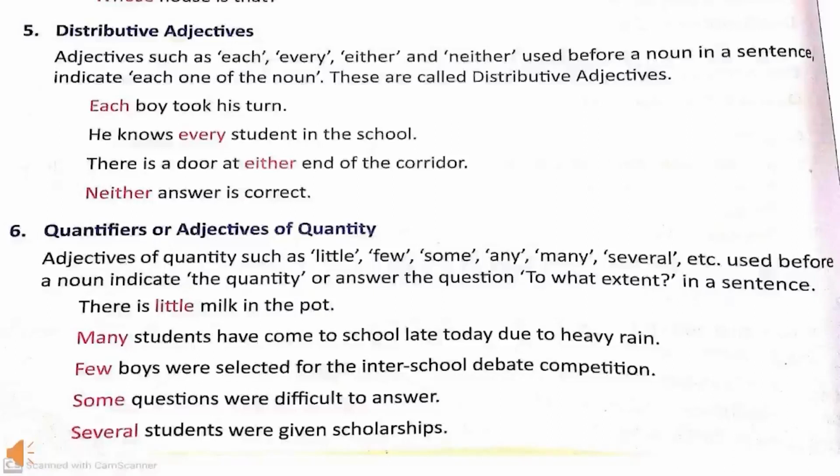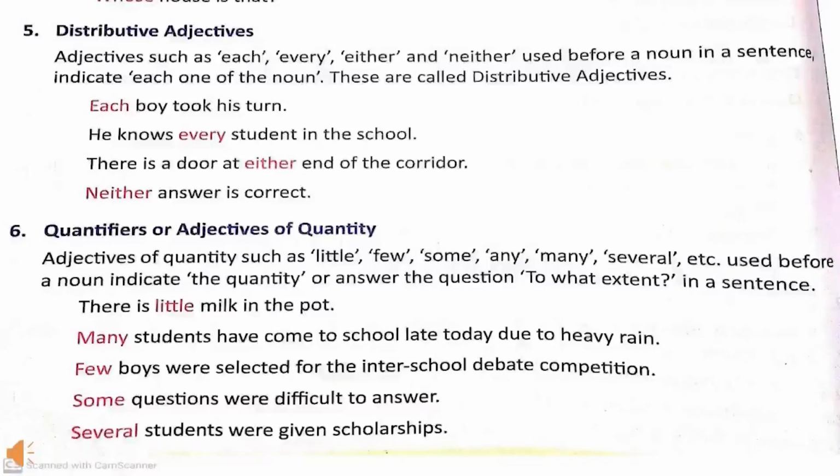For example, each boy took his turn. He knows every student in the school. In these sentences, each, every are indicating each one of the mentioned nouns. So these are distributive adjectives.